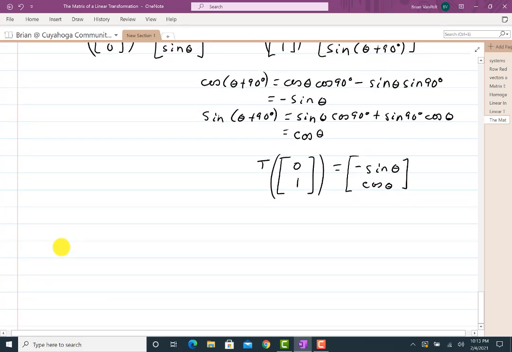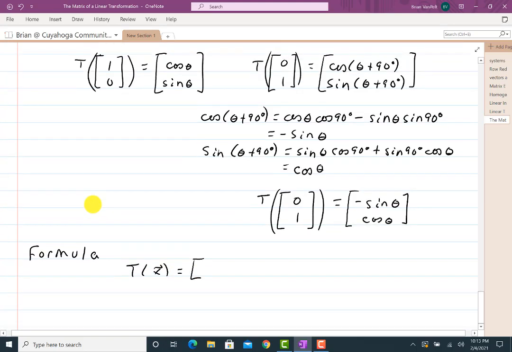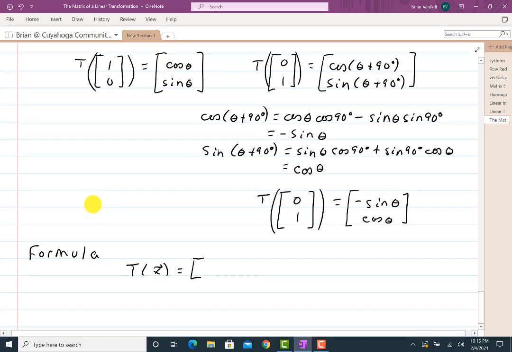So my formula looks like the following. T of x equals, let me go ahead and put in my T of 1, 0. I think I shortchanged myself on this. I think what I'll do first, before I do that, let me do T of 1, 0 to remind you what the standard matrix is.